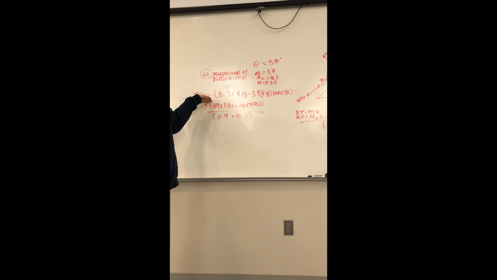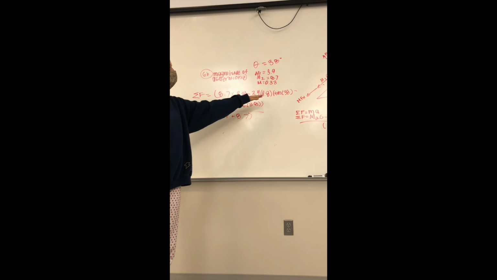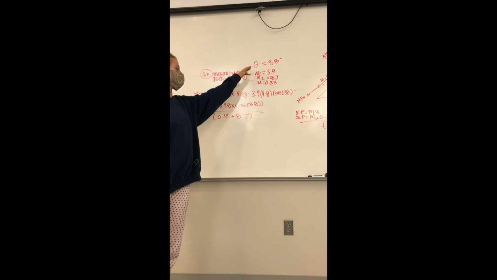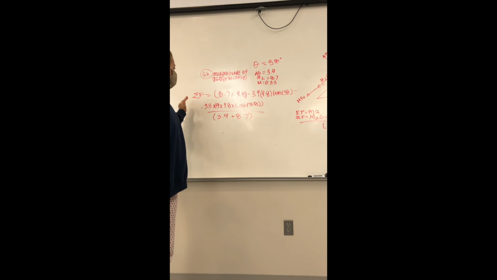So basically, I have m2 times gravity minus m1 times gravity times sine of the given value, minus the coefficient of friction times mass 1 times 9.8 times cosine 38. And then I divided this all by 3.9 equals 8.7.